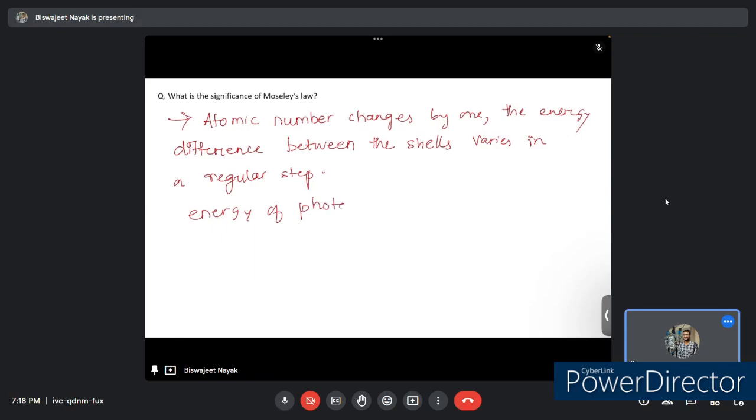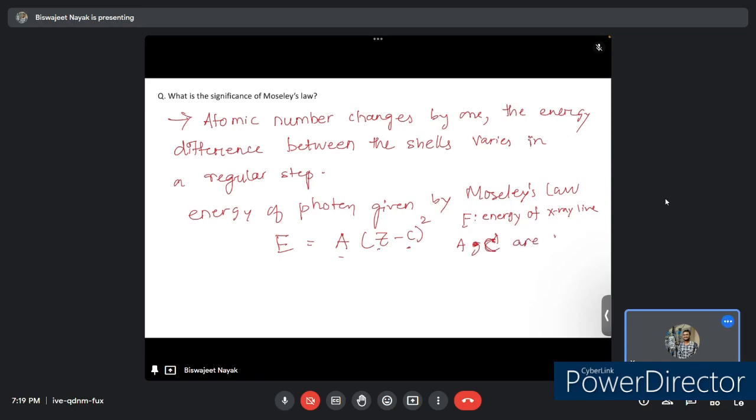The energy of the photon is given as E equals A(Z minus C), where E is the energy of the X-ray line, A and C are constants, and Z is the atomic number.